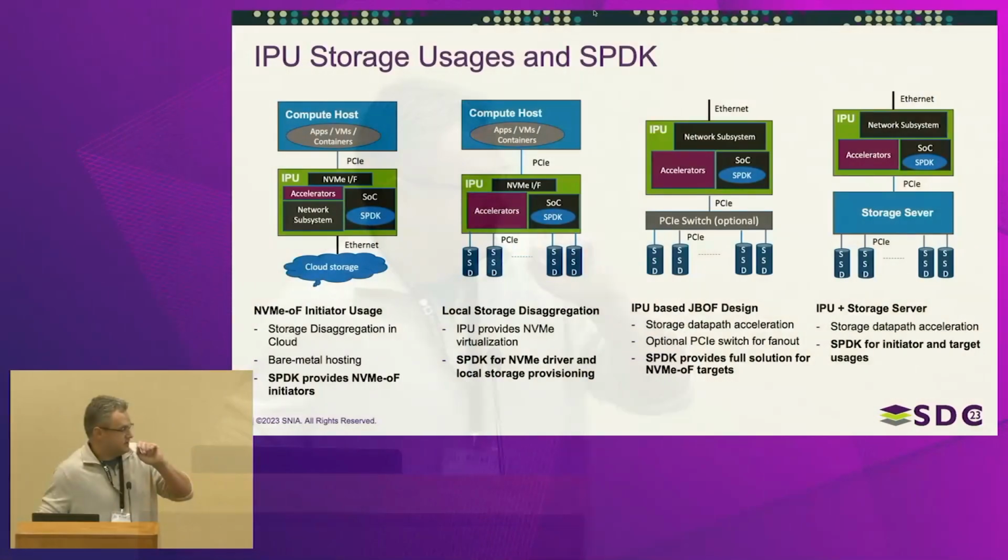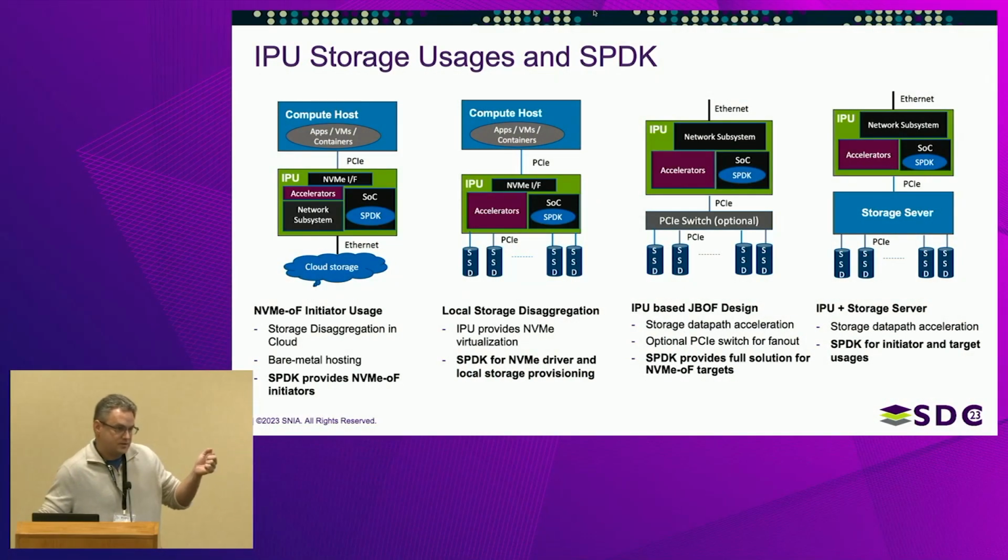The question was on the left-hand side, do you see a use case for accelerating cloud storage? Yeah. So we have done performance tests where we have compared a virtual disk hanging off an IPU being attached to some number of targets in the network.